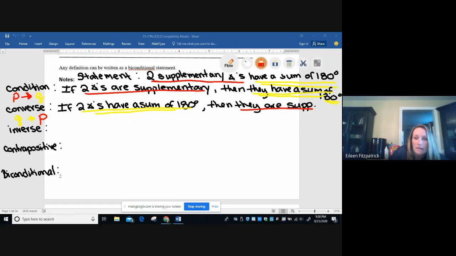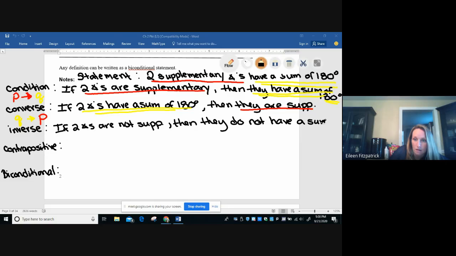Okay. All right. Next is your inverse. So your inverse is if not P, then not Q. So you're going to negate the conditional. So you go to the conditional, but negate it. So you're going to say if two angles are not supplementary, then they do not have a sum of 180.